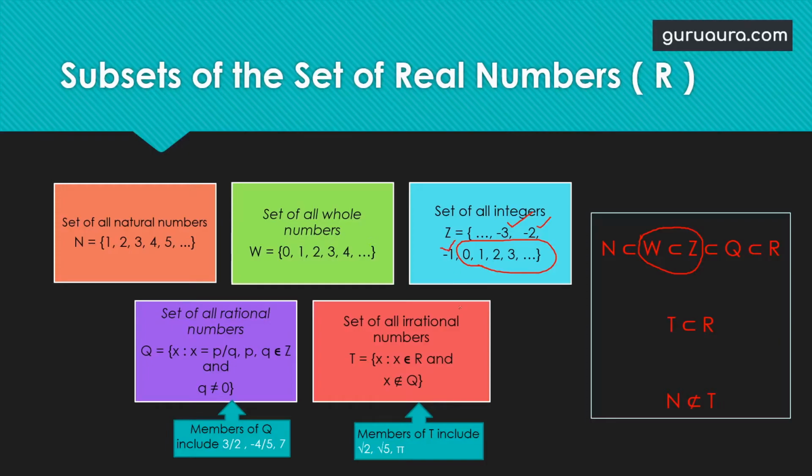Similarly, the set of all integers is a proper subset of the set of all rational numbers, and the set of all rational numbers is a proper subset of the set of all real numbers, as well as the set of all irrational numbers is a proper subset of the set of all real numbers. But the set of all natural numbers is not a proper subset of the set of all irrational numbers.